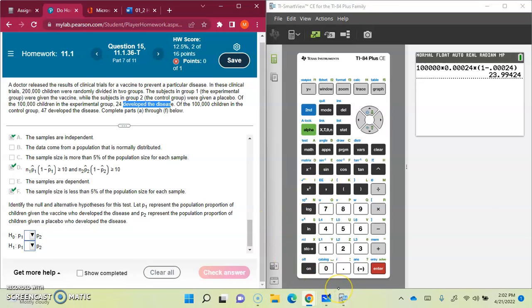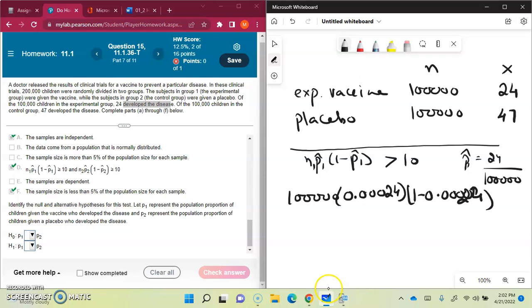Now, what are the hypotheses? What's the question? Identify the null and alternate hypothesis for this test. P1 is the population proportion of children given the vaccine, the experimental group, who developed the disease, and P2 represents the population proportion of children given the placebo who developed the disease. And what are they trying to test? They want to see if the medicine is preventing the disease.